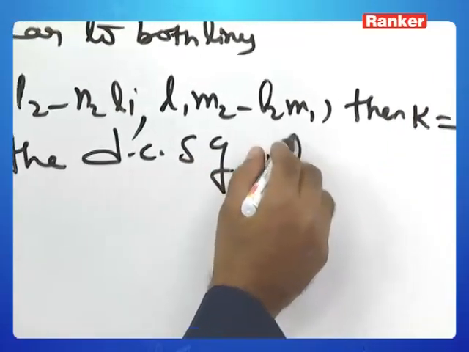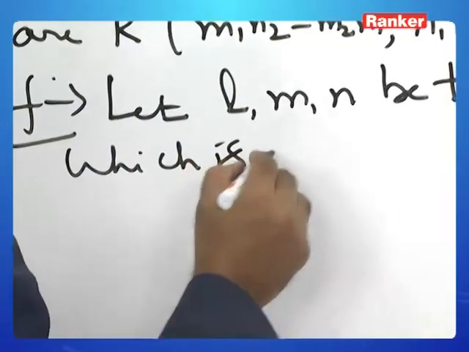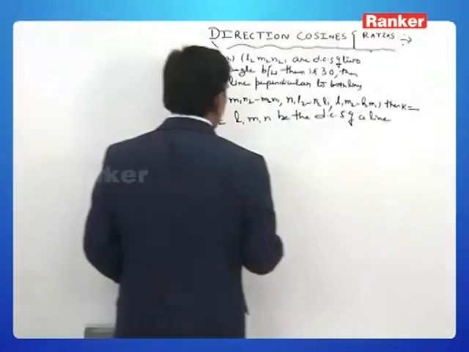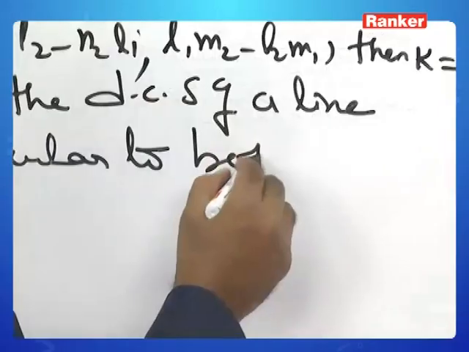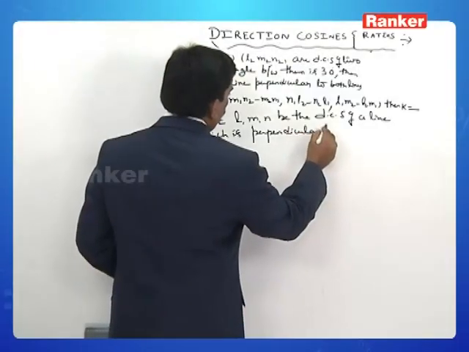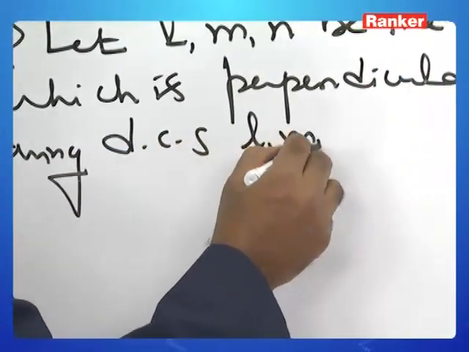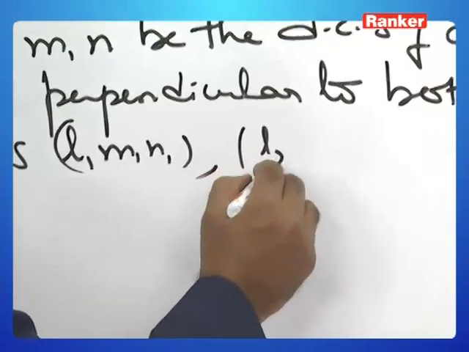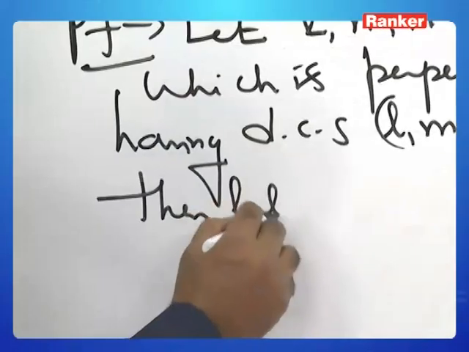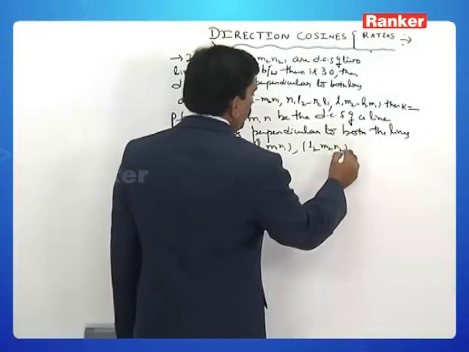Let l, m, n be the DCs of a line which is perpendicular to both the lines having DCs l1, m1, n1 and l2, m2, n2.